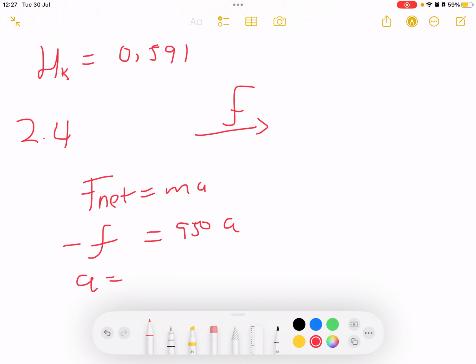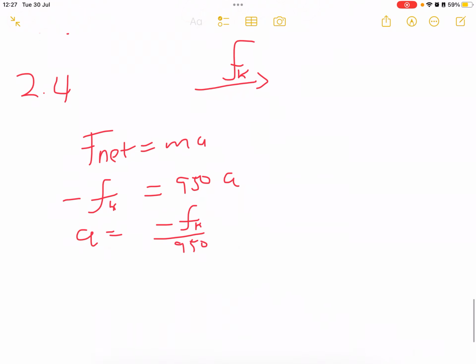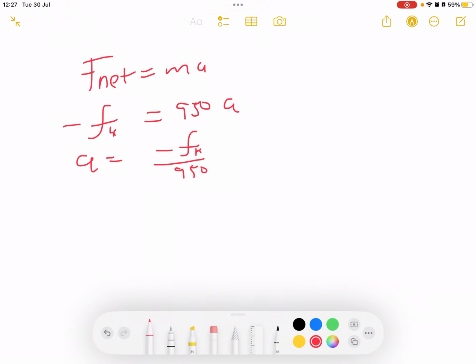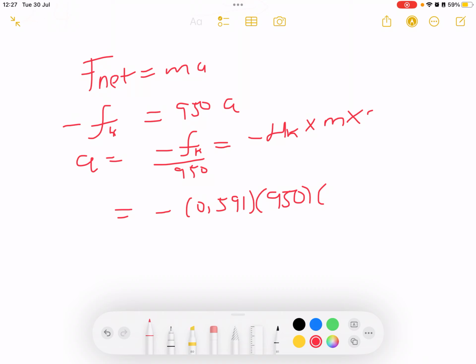But acceleration is equal to minus kinetic friction over 950. Now, acceleration is minus the 0.591 multiplied by the mass, which is 950, multiplied by g, because this is the same as minus mu k times mass times gravity over 950.